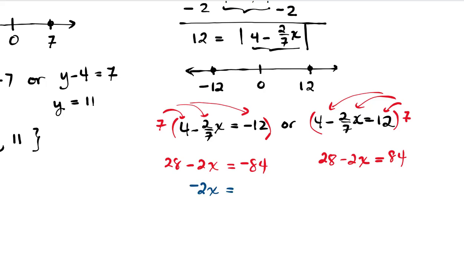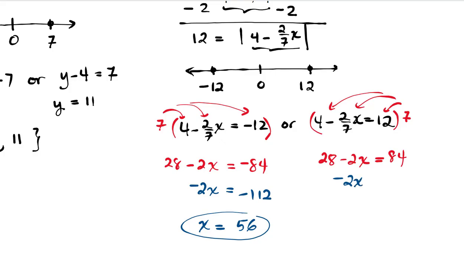We get -2x equals -112. And now divide both sides by -2, which gives us 56. Negative over negative is positive, so one of the solutions is +56. For the second equation there, do the same. So subtract 28 from both sides.